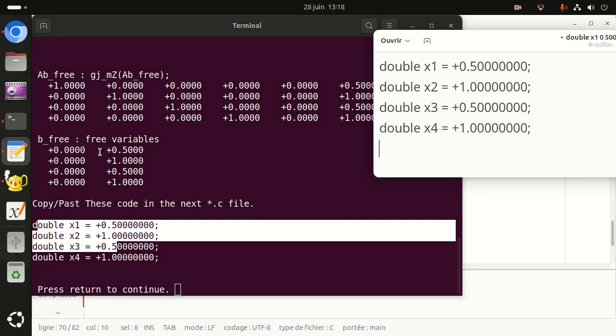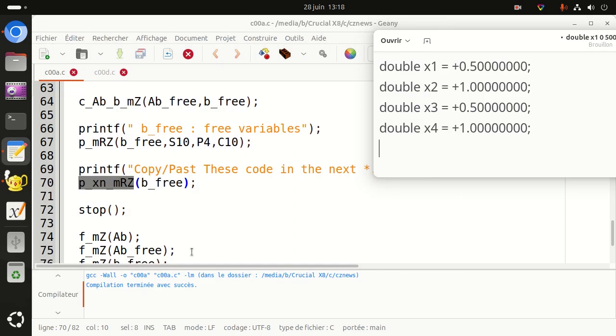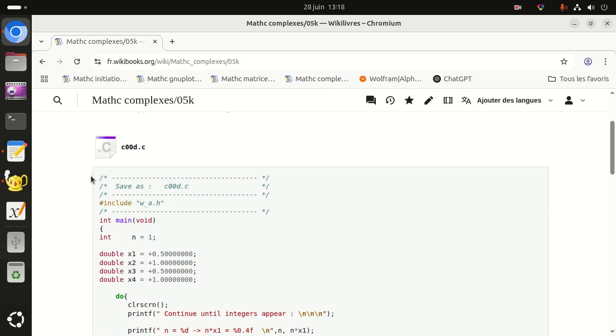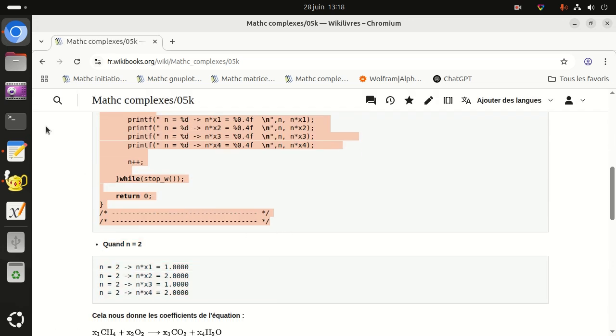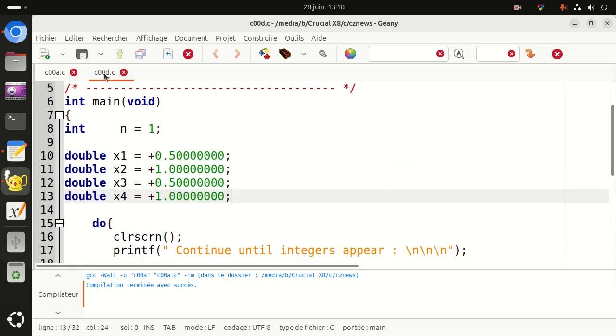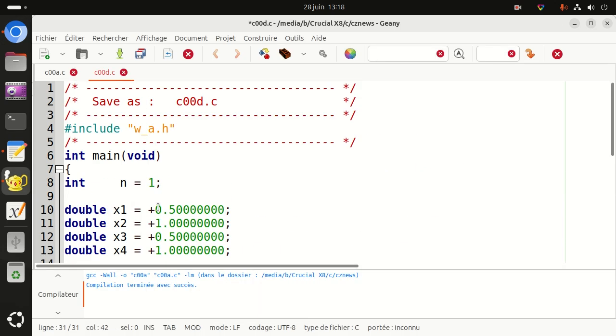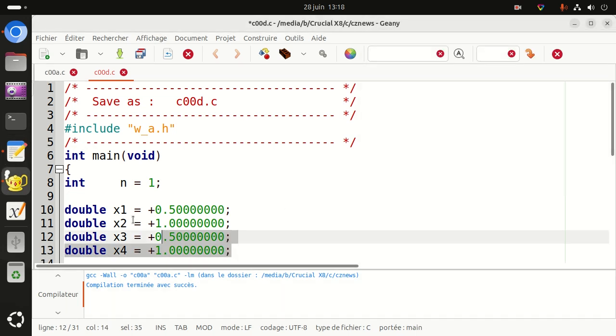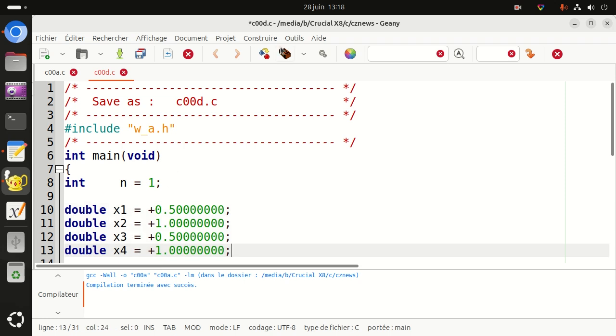I have copied here, and now I introduce this value in this new file. I copy this value into this new file. This new file gives me the coefficient for the chemical equation.